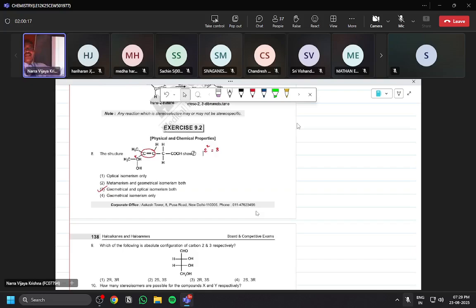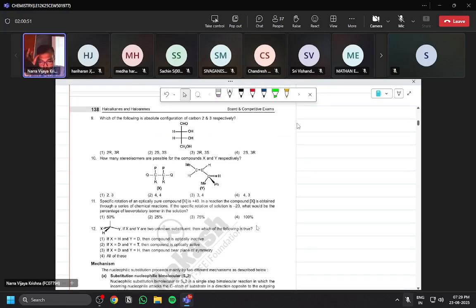So obviously, this compound will show many metameric forms. So metamerism is also correct. But I feel they are talking about geometrical and optical. It can show metamerism also. So the answer will be option 2 as well as 3. If it is single answer type, I'm preferring option 3. They might not have given the word metamerism. Metamerism is structural isomerism. So it can show functional isomerism or not.